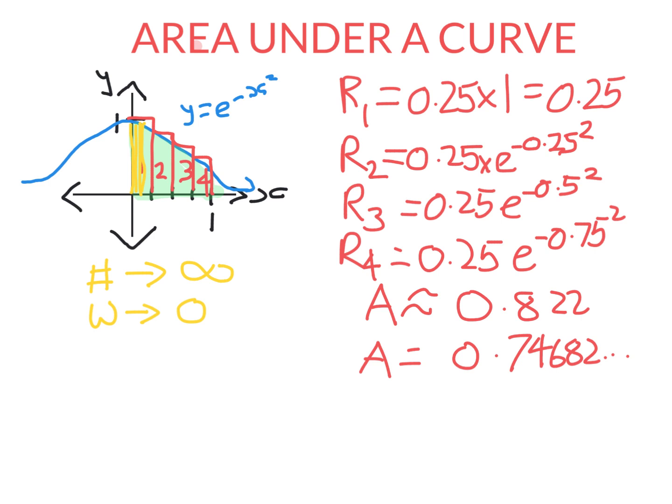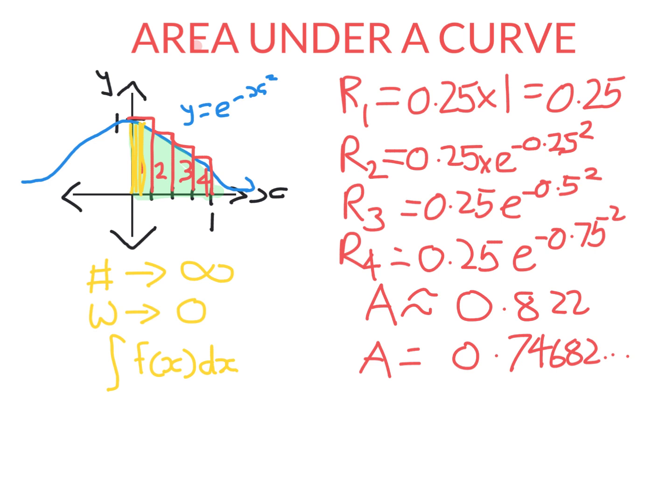For me, this is one of the most amazing things in maths. So if I want to actually find the area under the curve of a function, let's call it f(x), what we do is integrate it, because that will actually give us the exact area.